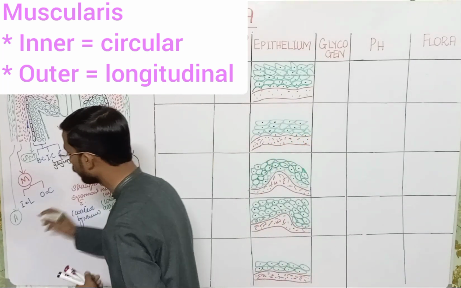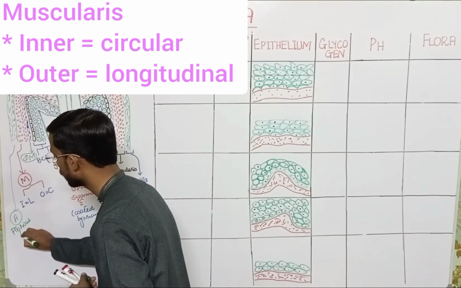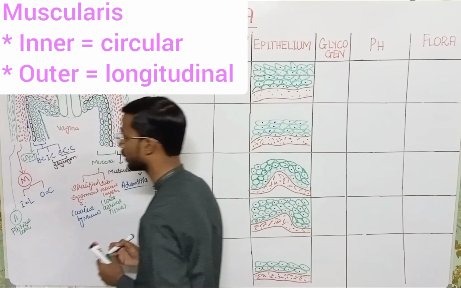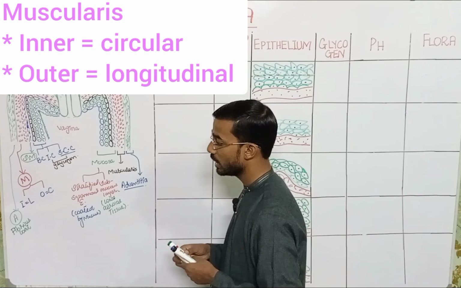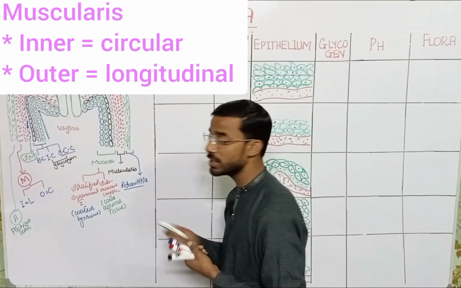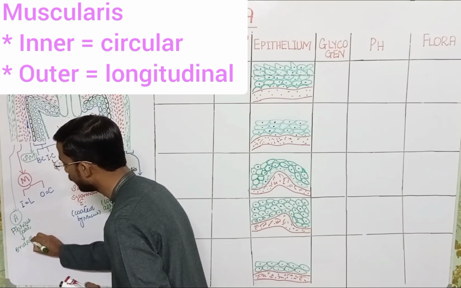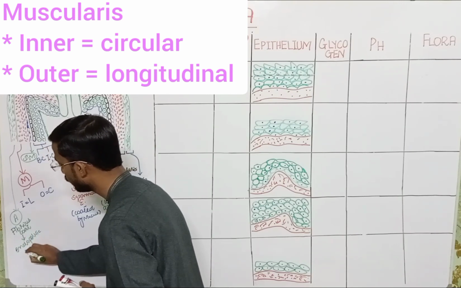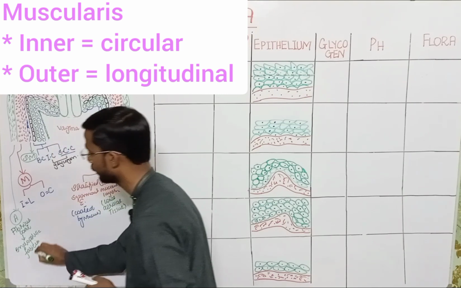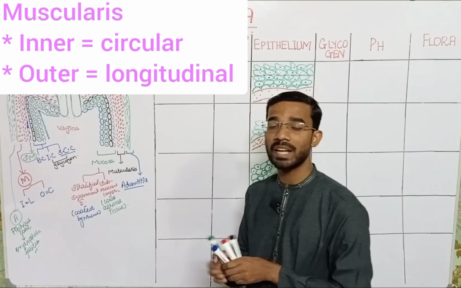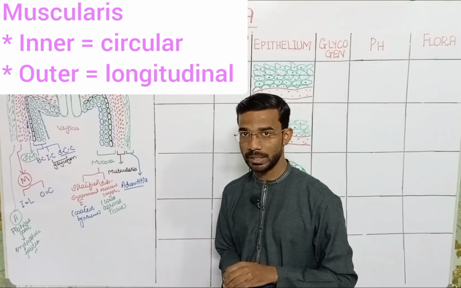Another name of the adventitia is the fibrous cord, and it is actually derived from the endopelvic fascia. It is a tough layer. So here are basically the different layers of the vagina.